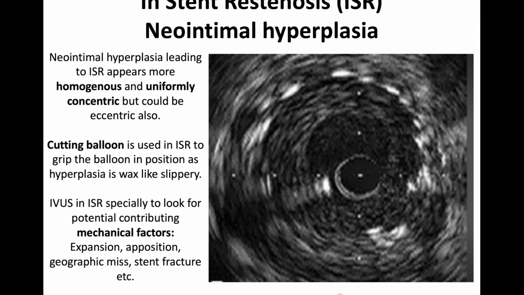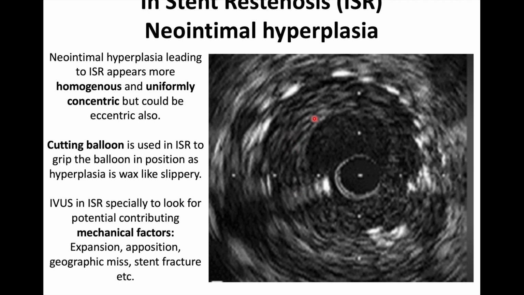So in-stent restenosis is basically neointimal hyperplasia leading to ISR, and this appears more homogeneous and uniformly concentric, but could also be eccentric. So plaque is usually outside the stent, but if you see this kind of appearance, which looks like there is some plaque inside the stent, this one is going to be more homogeneous and uniformly distributed. So this inside-the-stent disease that you see is basically neointimal hyperplasia, and this is called ISR.